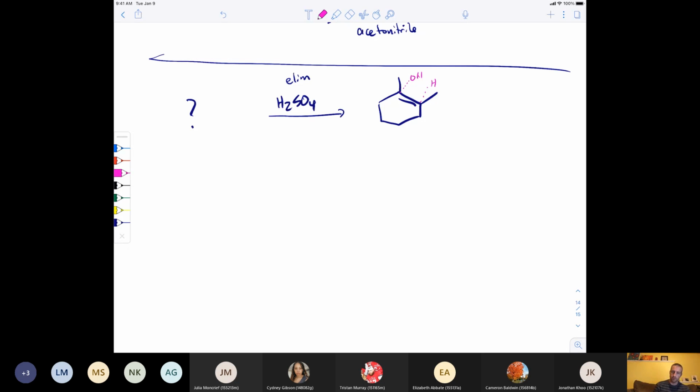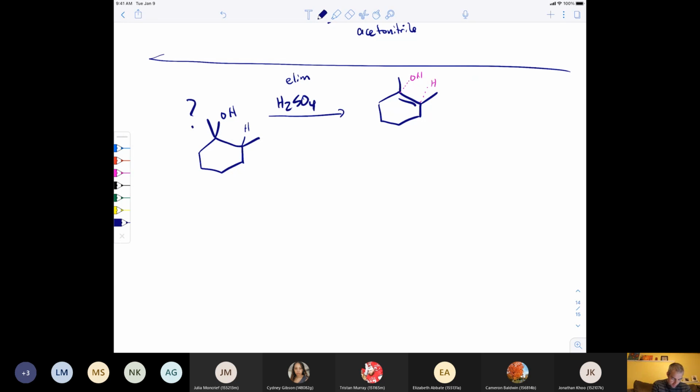Kind of think in reverse. You're doing an elimination in reverse. In fact, the reverse of elimination is called addition. So let's get rid of our double bond, put an OH, put our hydrogen back in there. So that would be an example.